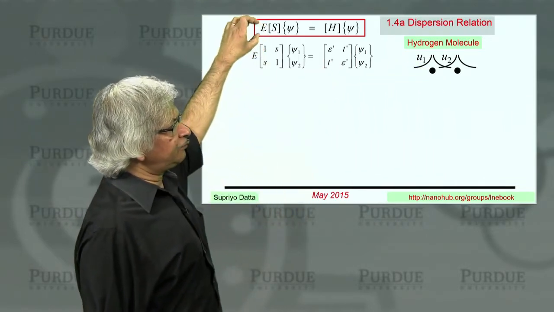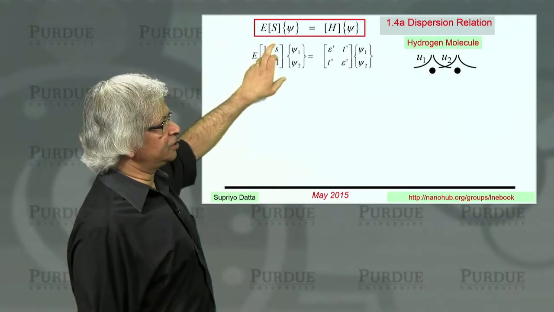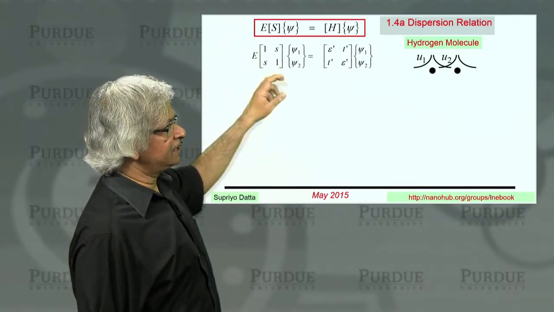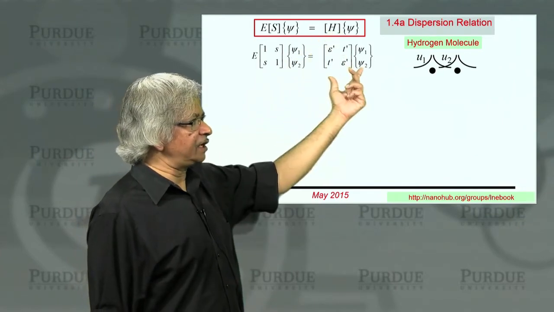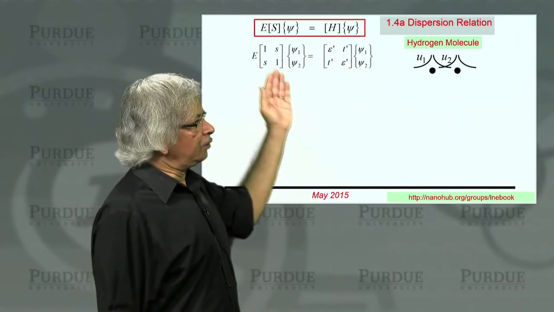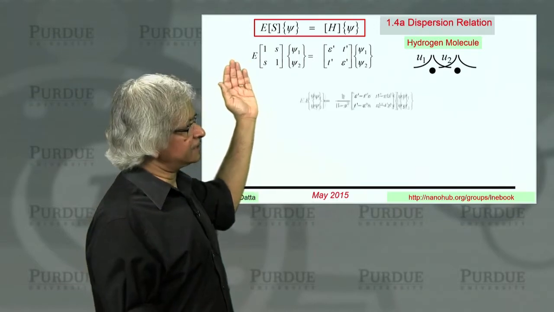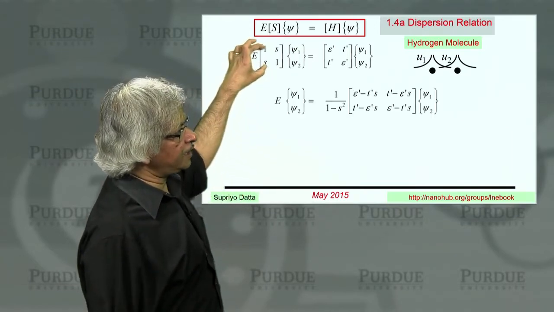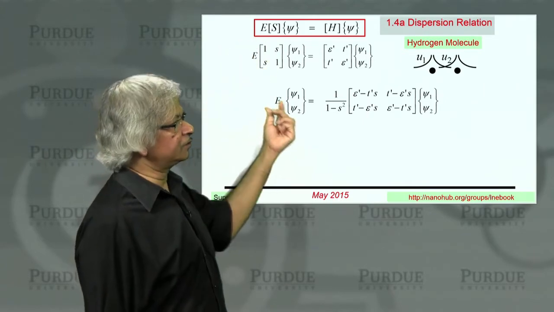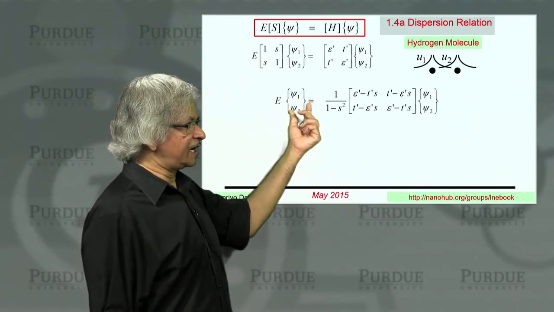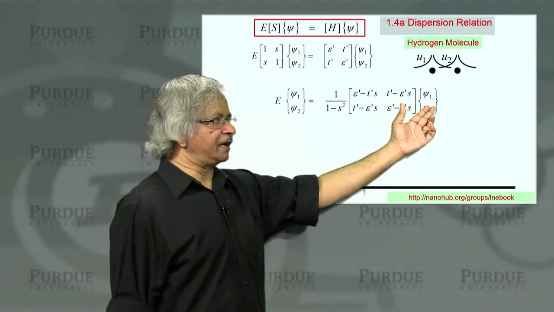And the general form of the matrix equation usually looks something like this. E, then there's a matrix S called the overlap matrix, and then there's this H matrix. Now, as we discussed in the last lecture, you could multiply through by the inverse of this matrix so that it looks like E times psi equal to a matrix times psi.